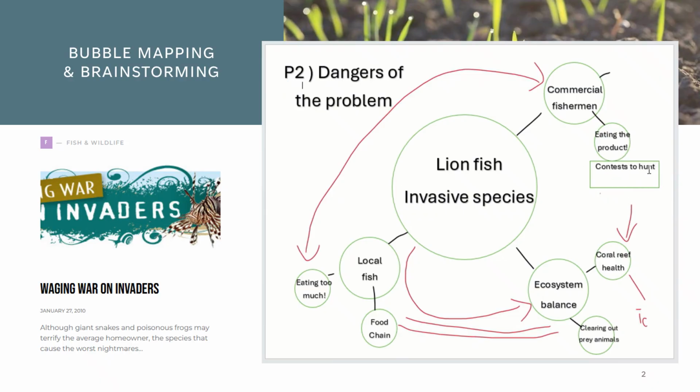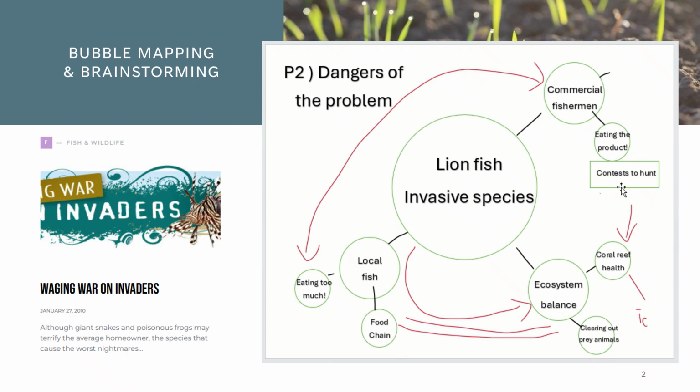One of the things that I found in my research is that there are contests that are helping to hunt down the fish, remove them from the ecosystem, and scientists are also going around collecting them and either transporting them or getting them into aquariums, things like that. So we see that a solution is hanging out on this arm as well.